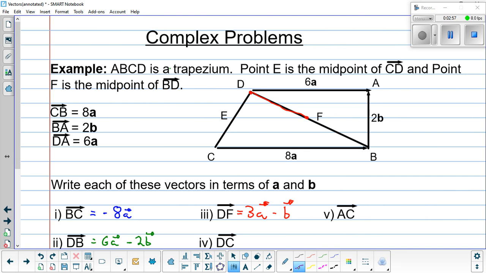Next one, let's do DC. We have this DC that we want to figure out here. How can we make our way there? Well, we know DB was 6A minus 2B, so we can go 6A minus 2B, and then we can subtract 8A because we're going the opposite way.